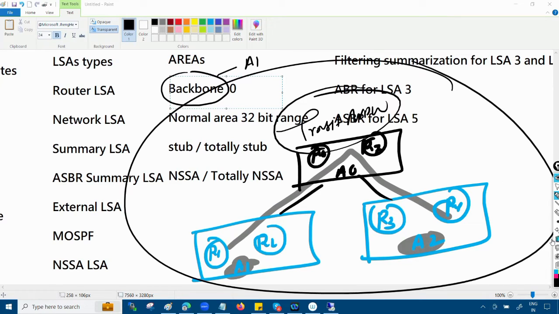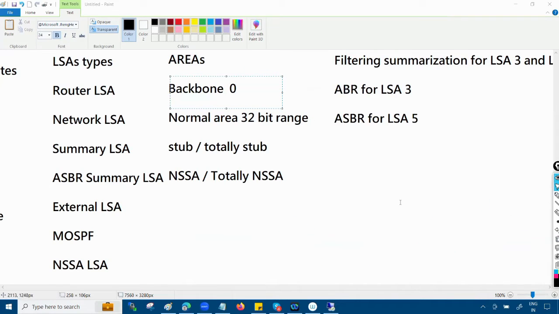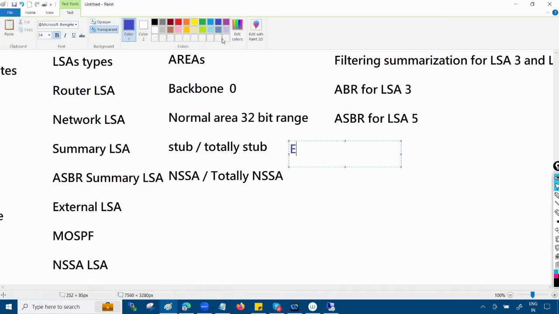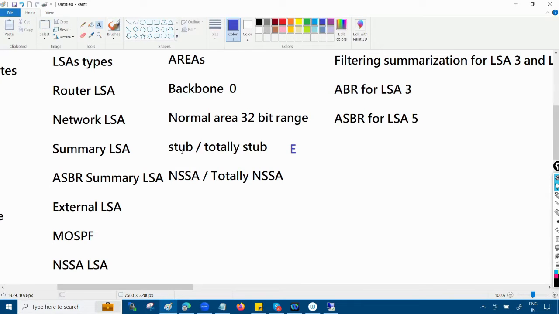Second problem, if you want to make your network more scalable, right, you need to configure this part manually. And to configure this manually, what happens? If you guys remember, we have something called the E flag in the stub. So if I'm going to configure router number 1 as a stub, right, then you need to configure router number 2 as a stub.